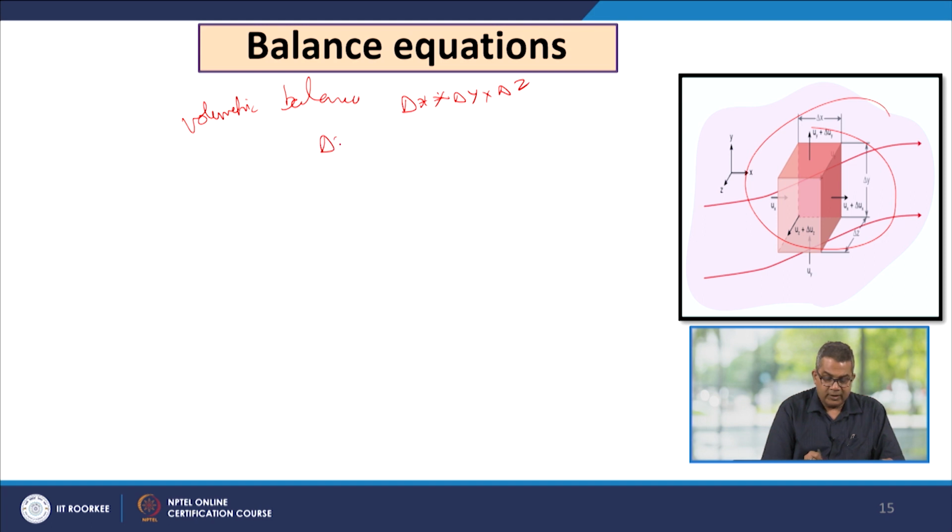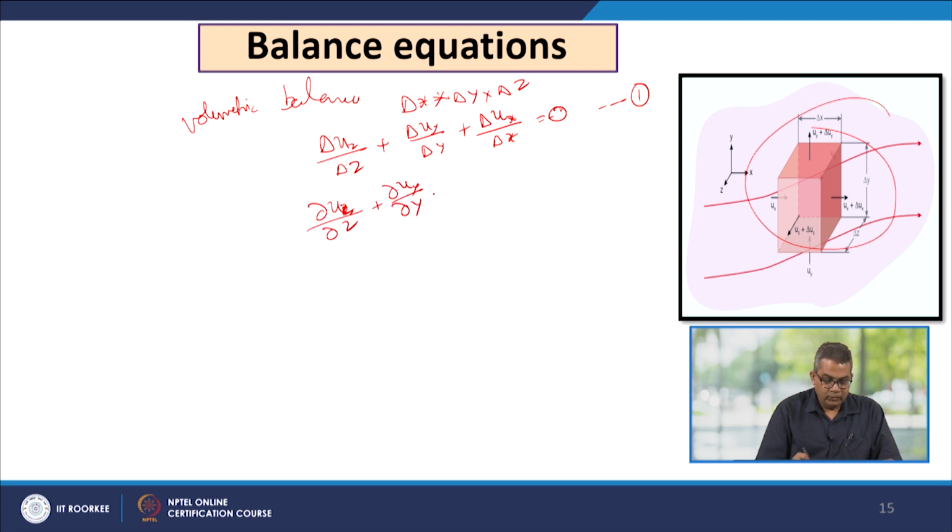So, this can be delta u z over delta z plus delta u y over delta y plus delta u x over delta x is equal to 0. Let us take this as equation number 1. Now, letting the size of the differential element go to 0, this results in del u z over del z plus del u y over del y plus del u x over del x, which is del u i over del x i, that is equal to 0.